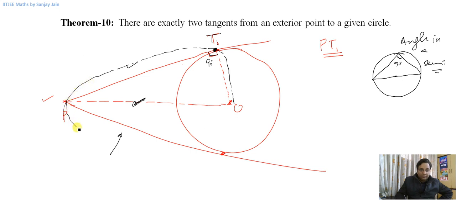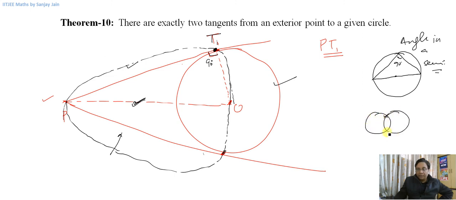So if I complete this circle, it will cut the original circle at two different points, because two different circles can cut each other at a maximum of 2 points. So the circle with diameter OP cuts this circle at 2 points, one of which is T1, where this tangent and this radius are perpendicular to each other. Now this circle cuts the other circle at another point, let it be T2.